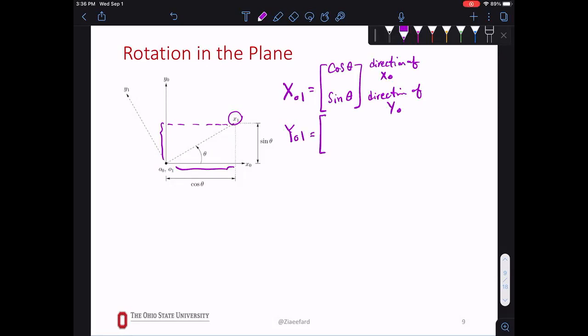What would that be? I already found x1, and then I'm trying to find what y1 is. So this is the projection. What is cosine of theta? So this is theta. Now, I also have to find what this is. Sine of theta. The projection in the direction of x0. What is it?